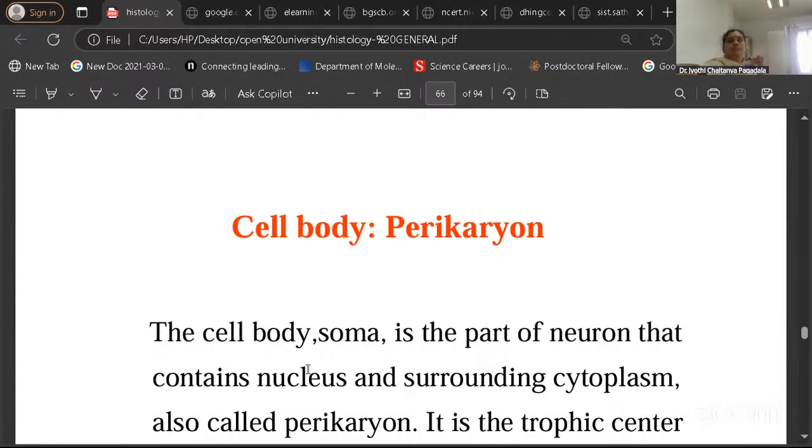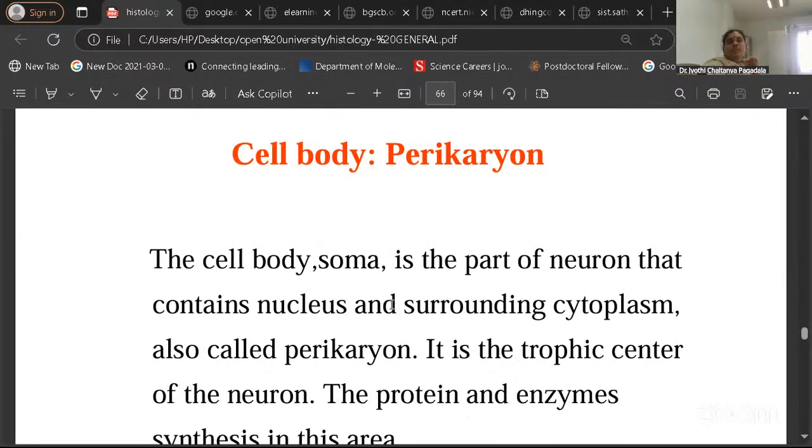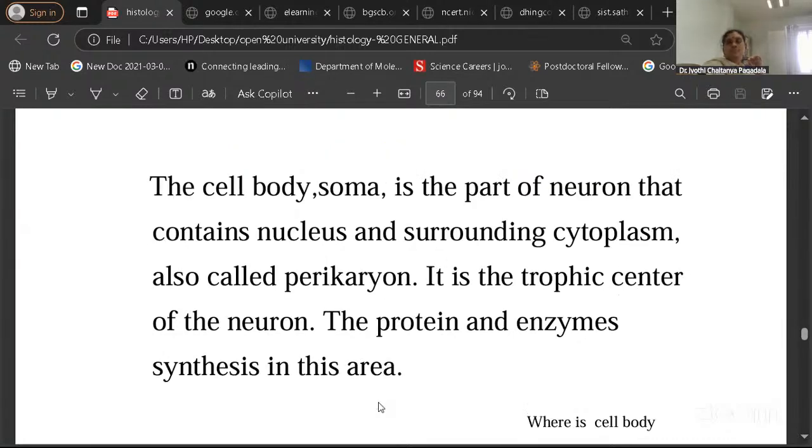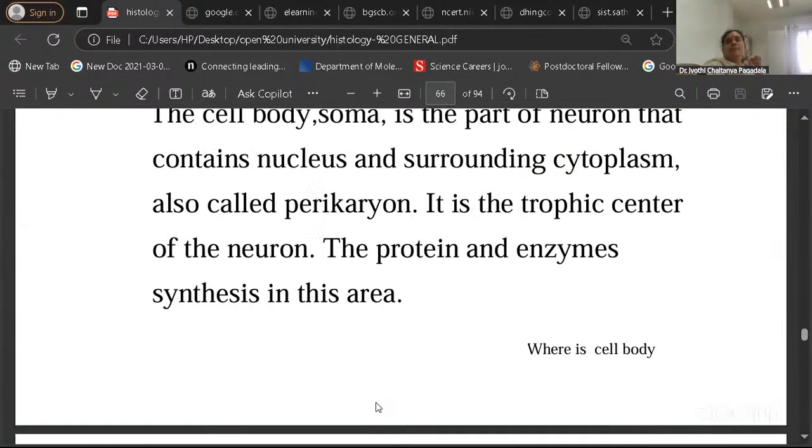The cell body is also known as perikaryon. The cell body, or soma, is the part of the neuron that contains the nucleus surrounded by the cytoplasm, also called perikaryon. It is the trophic center of the neuron. The protein and enzymes are synthesized in this area.